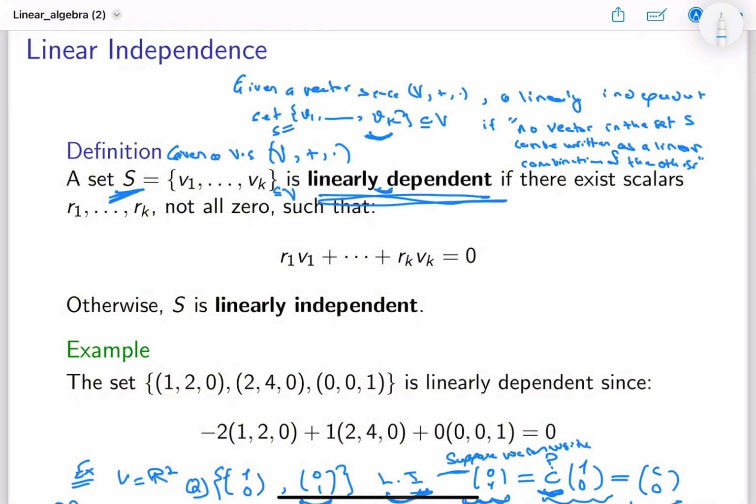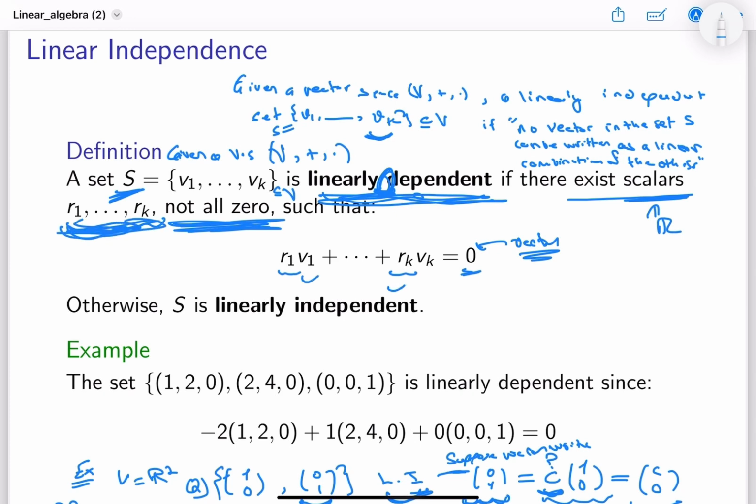Be careful here, I'm defining what linear dependence is. This set is said to be linearly dependent if there exist scalars, which means numbers in the set of real numbers, r1 through rk, such that if you take this linear combination of the v's from the set, you get the zero vector, right? But I should stress that this is a non-trivial combination.